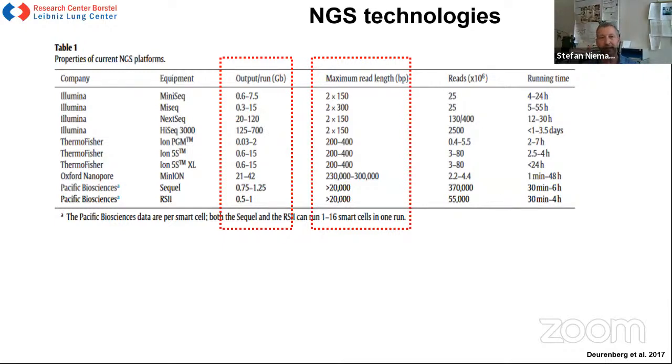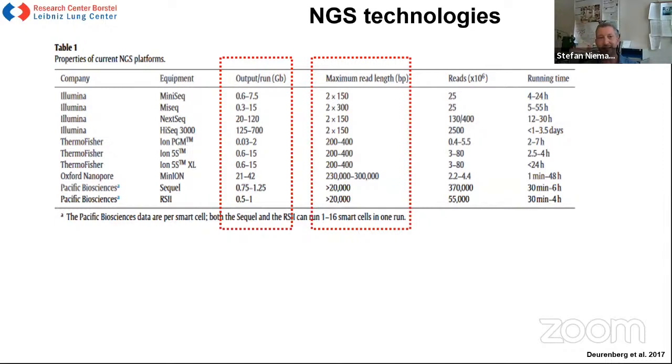For example, on the NextSeq, we sequence roughly 200 strains per run. On the MiSeq, it's then 30, and on the MiniSeq, it's even lower. So that has implications for the cost per sample, but also for the output that you need to run such a machine efficiently.